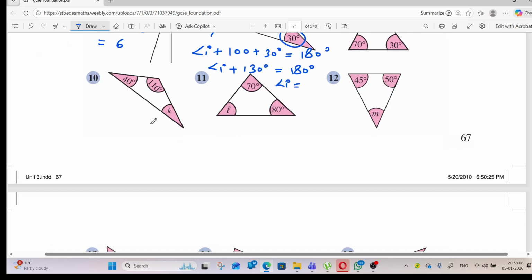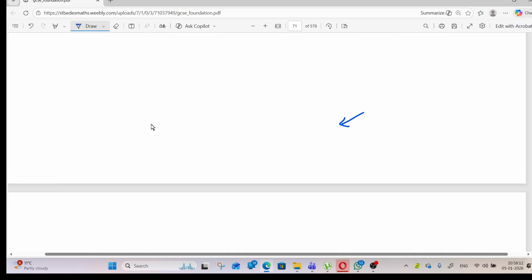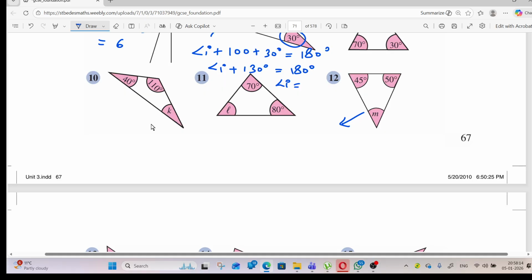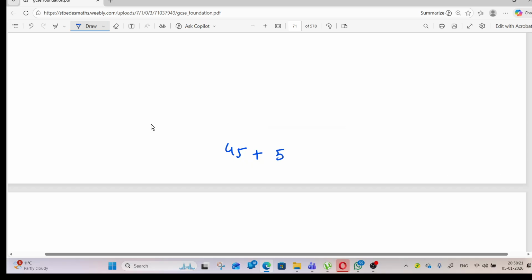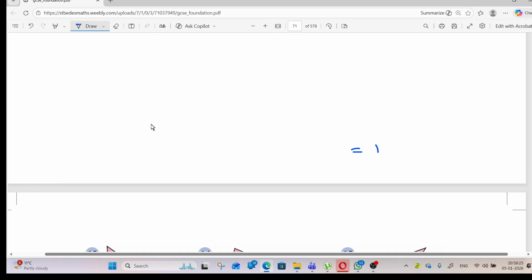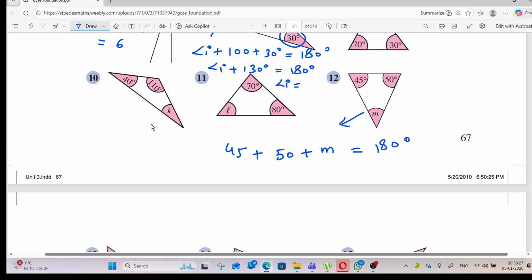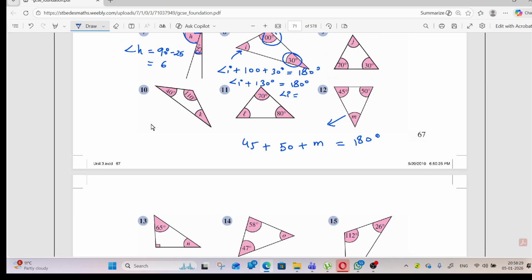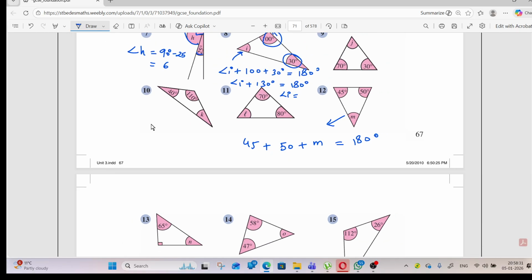Okay. So all these questions are similar. For example, if I try this, according to the theorem of triangle interior angle, all these angles add up to 180 degrees. So I can write 180 degrees this side. And now if I add them, 45 plus 50 gives me 95, plus m is equal to 180 degrees.